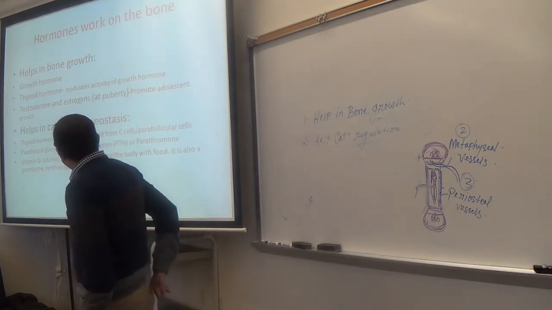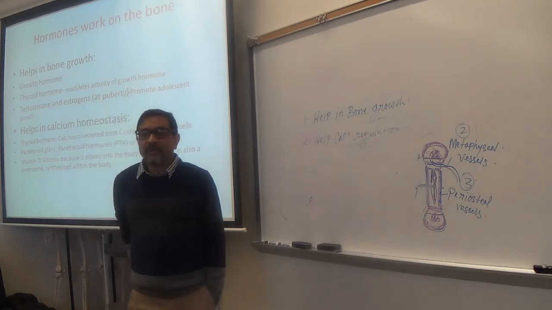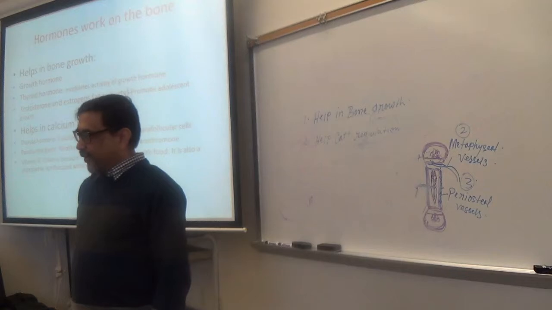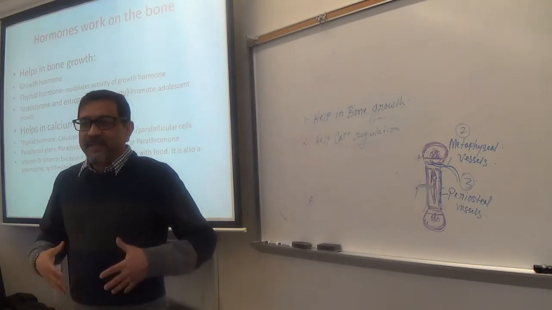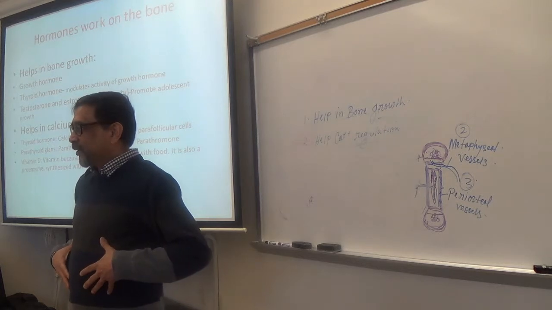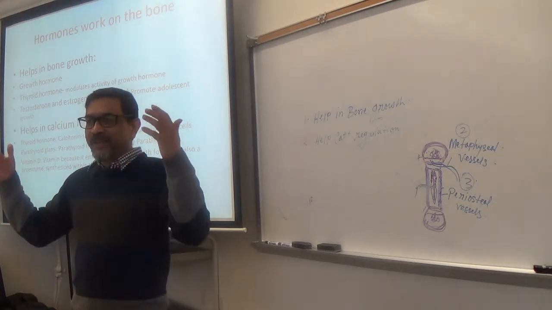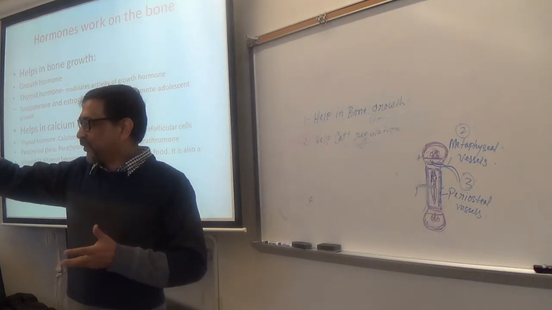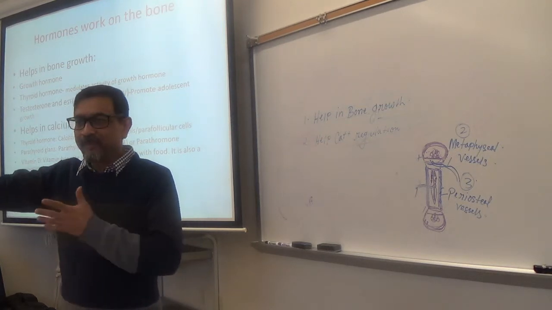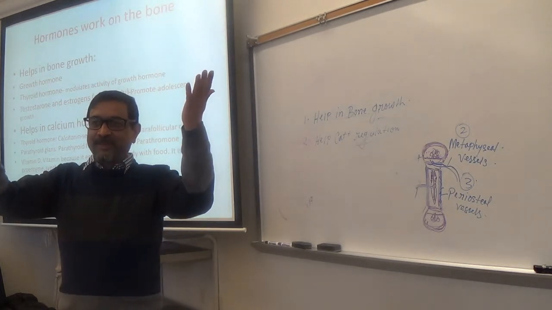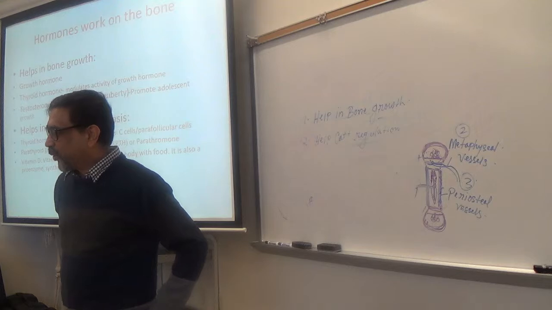Sex hormones: estrogen in female, testosterone in male. You all know when kids get to puberty, right? The body suddenly grows, right? If you saw a kid 2 years ago, and now you see them after a 2 year break, the kids grow a lot.